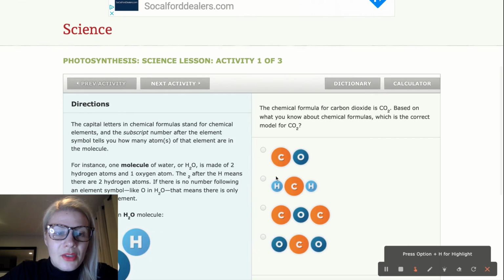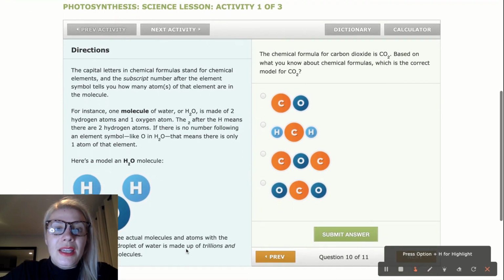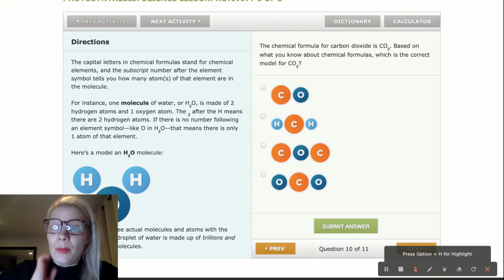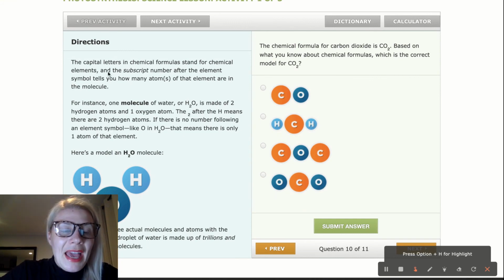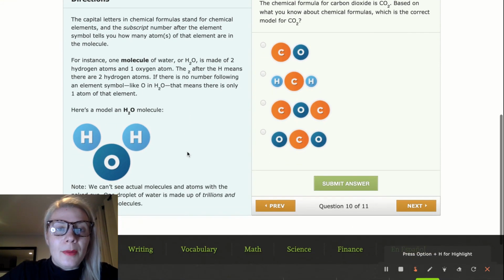All right, so the reading and information has changed, so I'm going to read this a little bit more for you. The capital letters in chemical formulas stand for chemical elements. And the subscript number, that number on the bottom, after the element symbol tells you how many atoms of that element there are in that molecule.